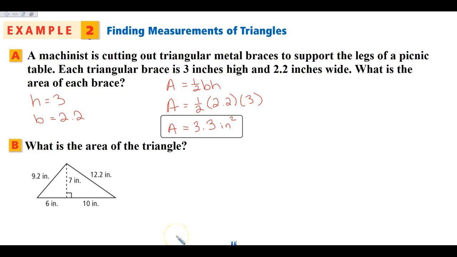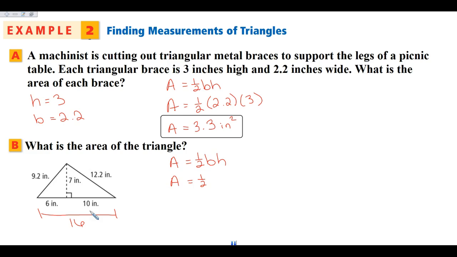Okay. Again, for part B, I want to find the area of the triangle. So my area is 1/2 base times height. Now, my base, if you look at the entire triangle, this whole side has a length of 16. Don't break it into two different triangles.